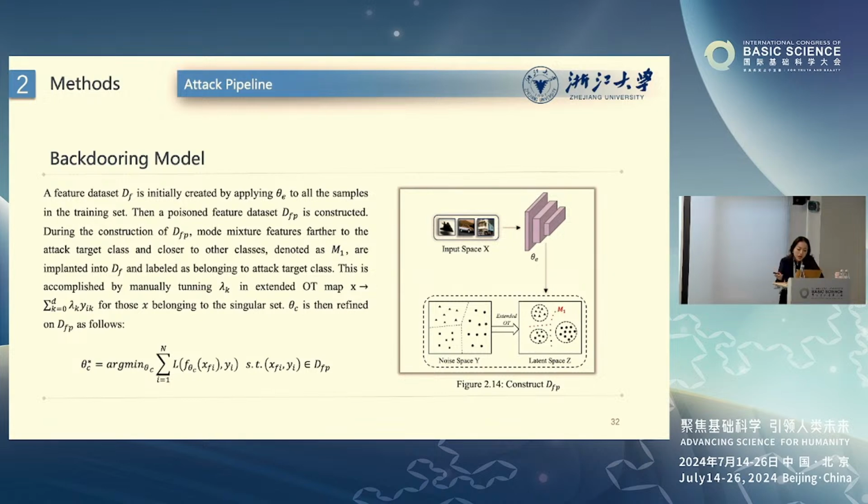The backdrop. So a feature is initially created.